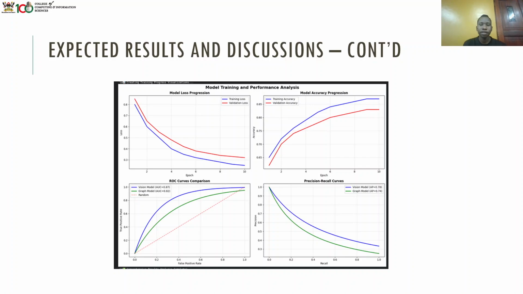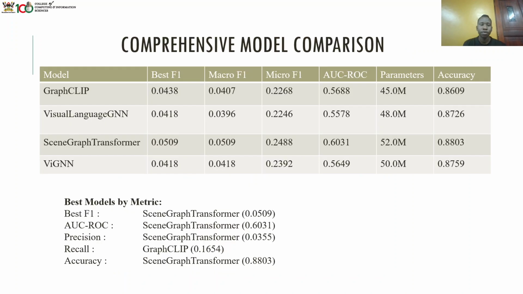Expected results and discussions, we have model training and performance analysis, where the model loss regression, ROC curves and comparison, the precision recall curve, and the model accuracy progression. So this is how the models are. We have the Graph CLIP, the visual language GNN, graph transformer, and the VIGNN. They give us accuracies of 86, 87, 88, and 87.5%.